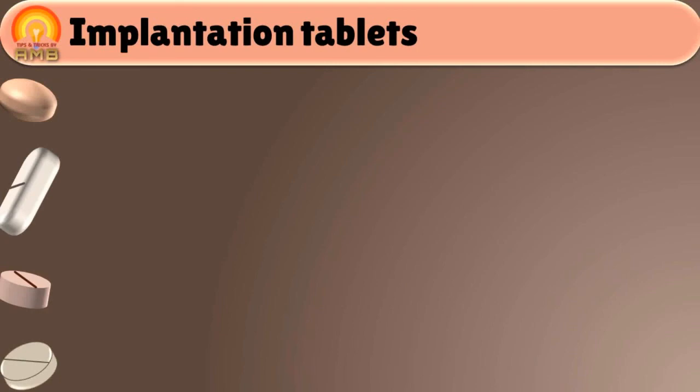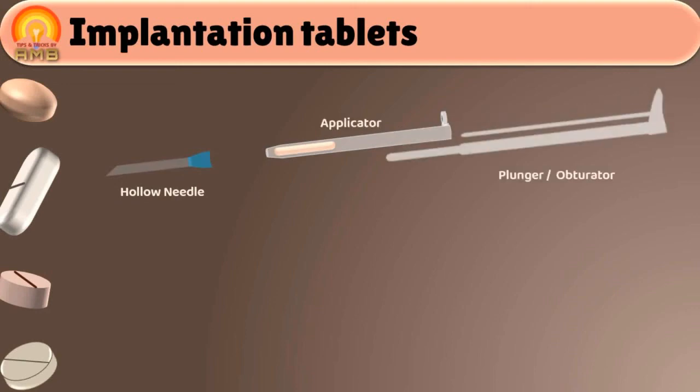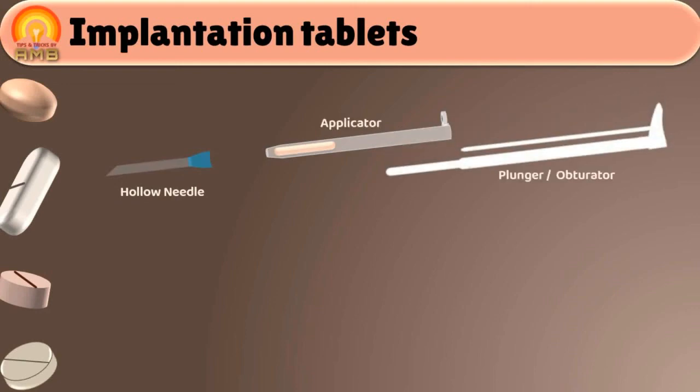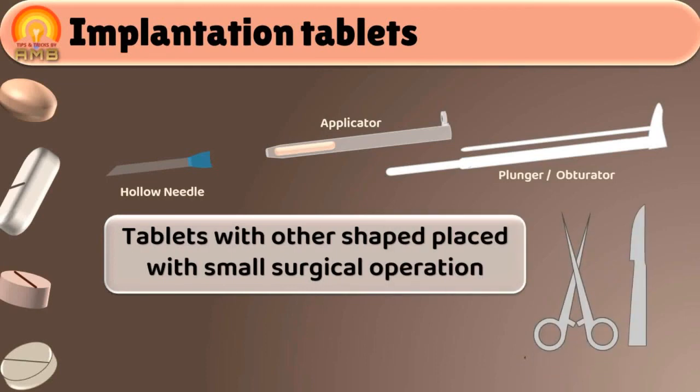These tablets are generally cylindrical or tube shaped for easy insertion through the injector. The injector has a hollow needle and a plunger to insert the tablet under skin. Tablets with other shapes are also placed under skin with a small surgical operation.